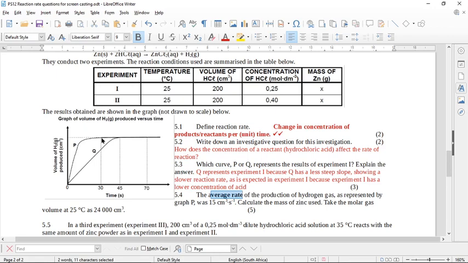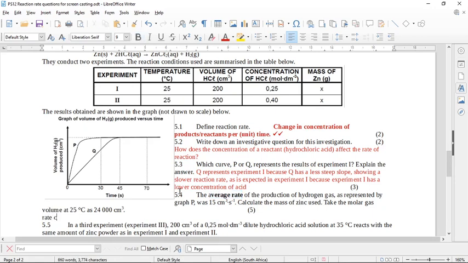So if you've got the average rate, it's from 0 to 30. They drew a line across there. So we need to convert this average rate. You see, we don't know this volume of gas produced, but by reversing the average rate, by using the formula for average rate, we can actually find the change from 0 to here. Okay, let me show you.